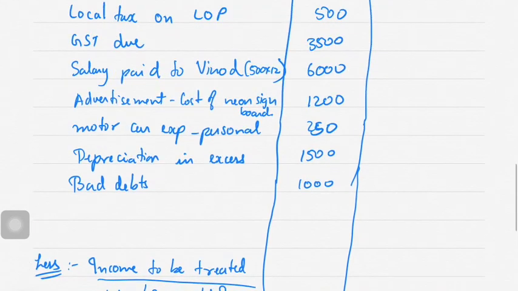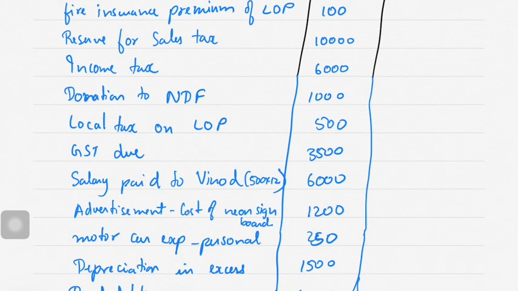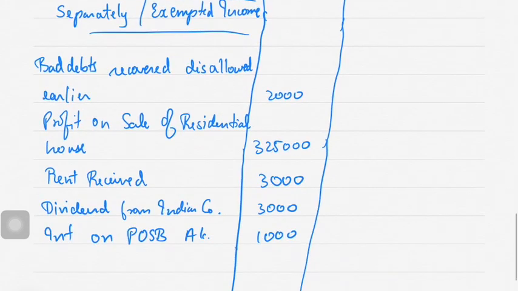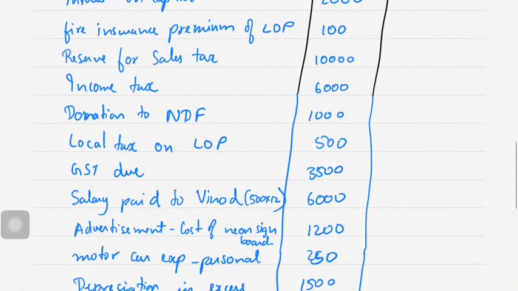Okay, that's it. Let's total this and write it in the outer column, and total this and write it in the outer column. Please total it. 2,000 plus 100 plus 10,000 plus 6,000 plus 1,000 plus 500 plus 3,500 plus 6,000 plus 1,200 plus 250 plus 1,500 plus 1,000.